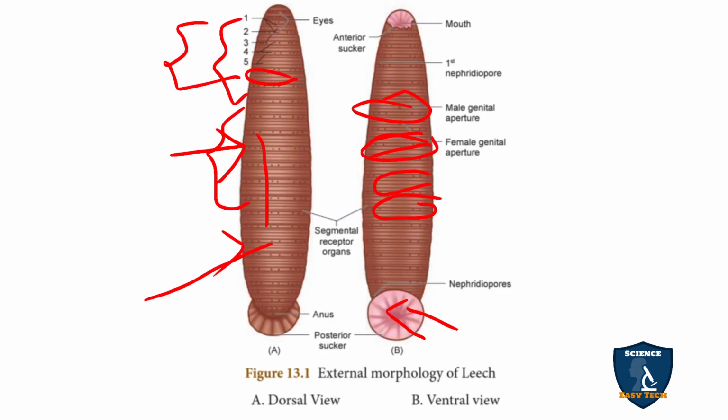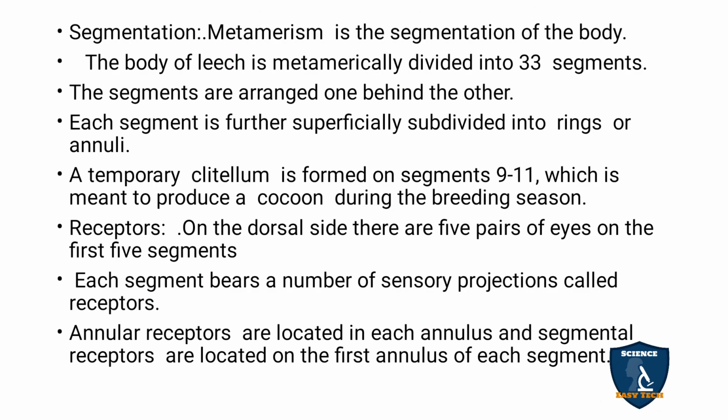The segmented receptor is here and the annular is in the middle. The 5 pairs of eyes are located with a small projection known as receptors. Annular receptors are seen in ring form in the middle, and in each segment's first annulus.